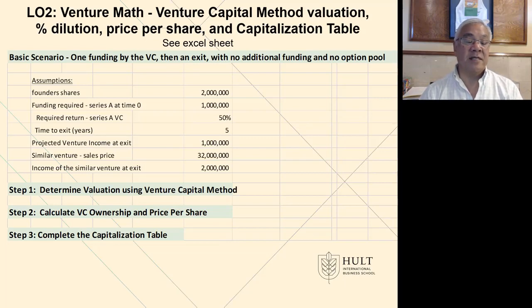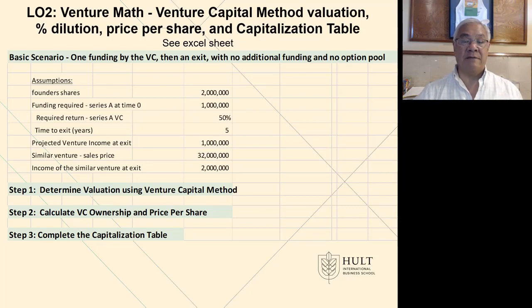So the steps are: step 1, what's the valuation of the company itself and of the VC's interest? Step 2, what is the ownership of the VC and the founders, and the price per share? And step 3, complete a well-organized and clear capitalization table.